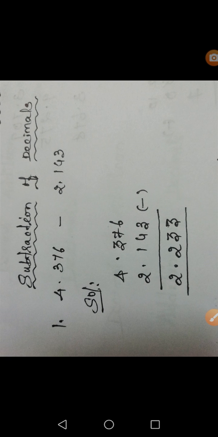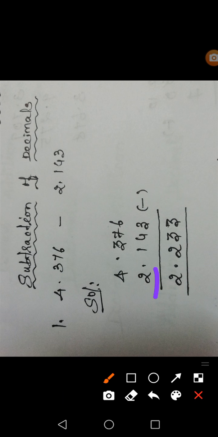Subtract the decimal numbers just like subtraction of whole numbers. So how to subtract? The first question: 4.376 minus 2.143. Write the first number, then put the point directly below. Write the numbers before and after the point, then the remaining numbers.